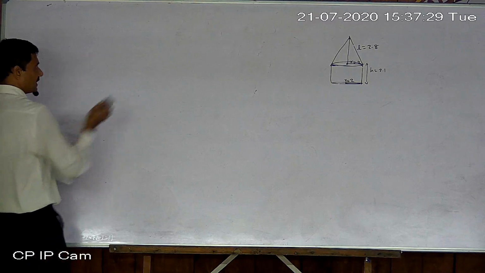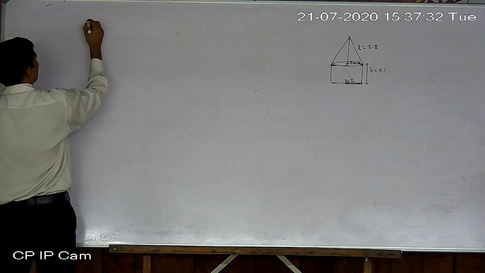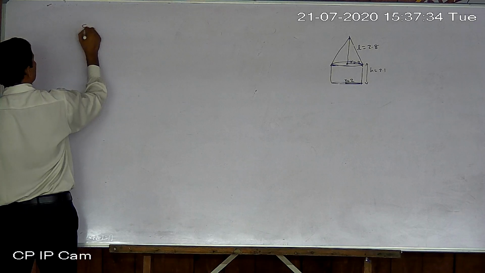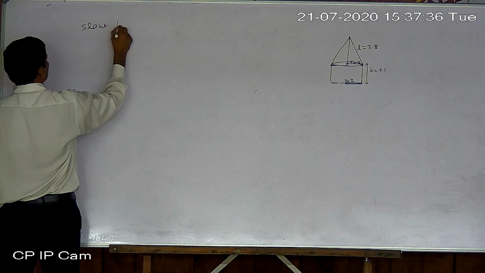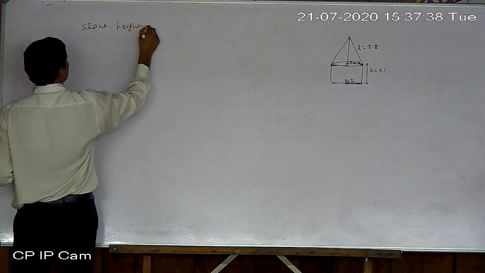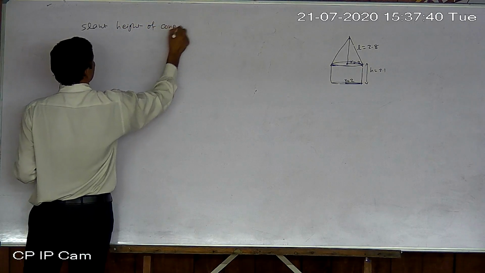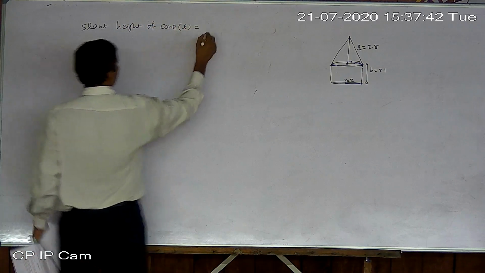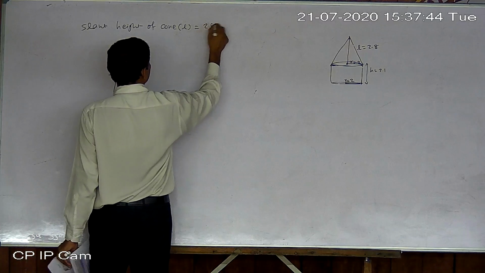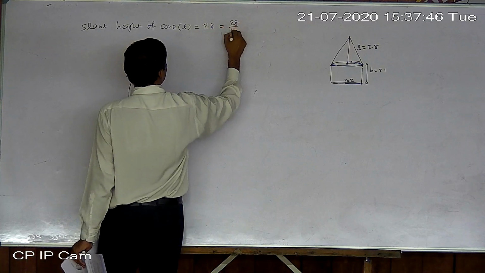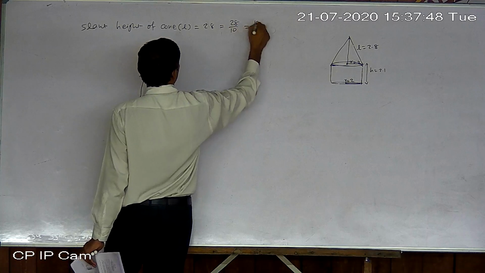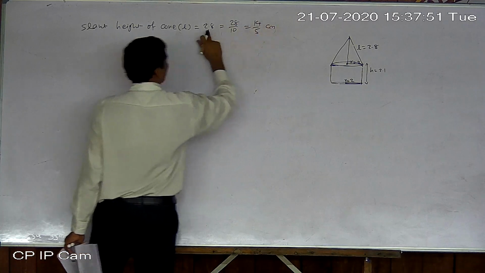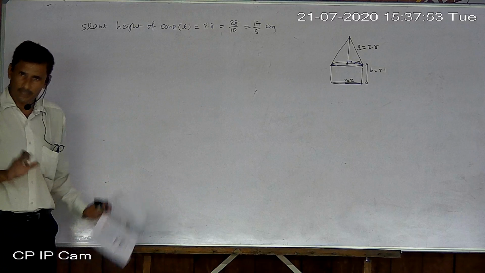Now how to start? First of all, prepare list. Slant height of cone, L equal to 2.8 means 28 by 10. Otherwise 2.8. If you want, you can leave in decimal form also.